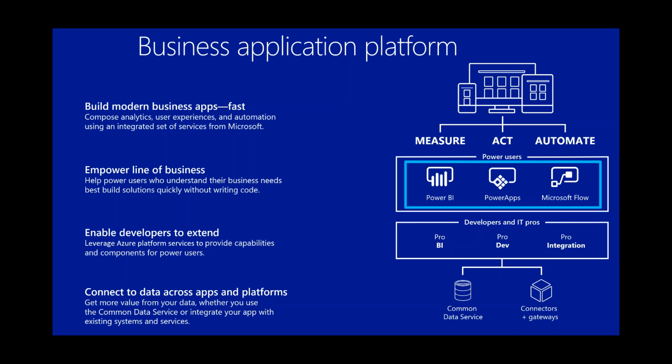This enables us to build modern business applications fast, writing those line of business applications quickly without writing code, enabling developers to extend these as needed, and then connecting further with items like the Common Data Service to bring data from multiple systems and services together into one place so that we have one common data model that our apps and platforms can use. In this session, we're going to focus truly on PowerApps and Microsoft Flow, the power user line of business focus of the business application platform.